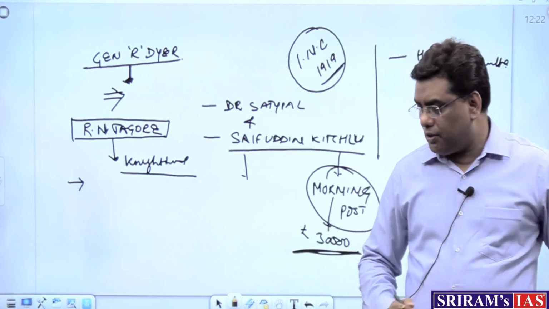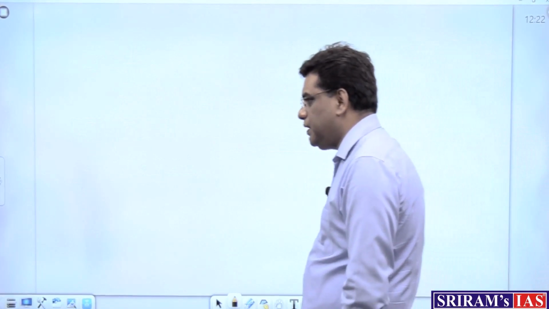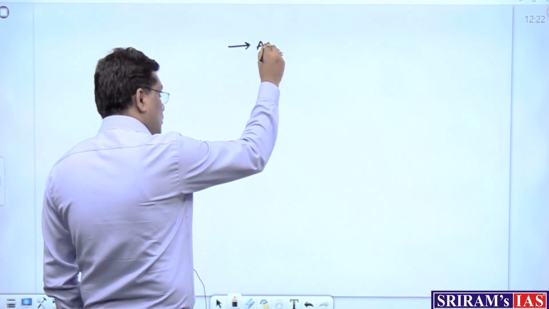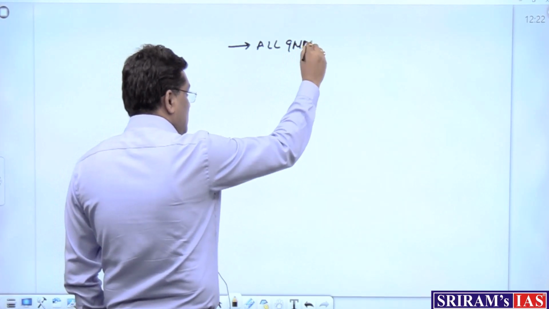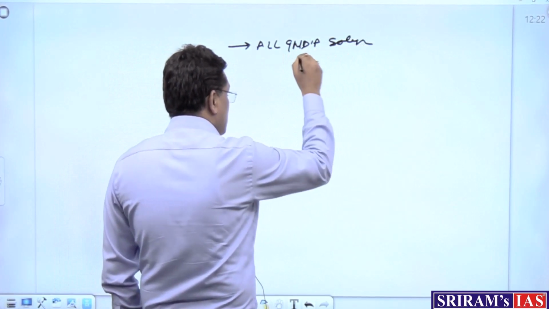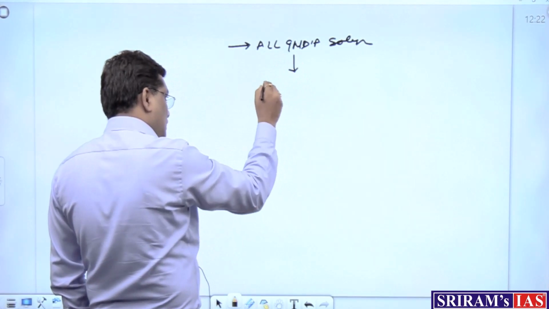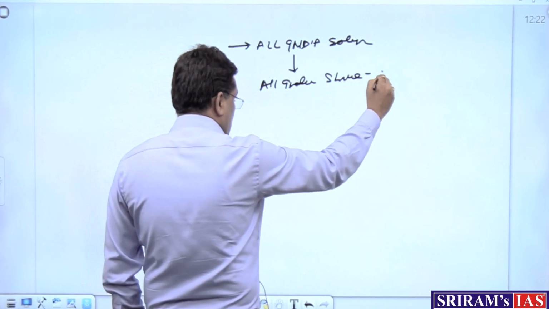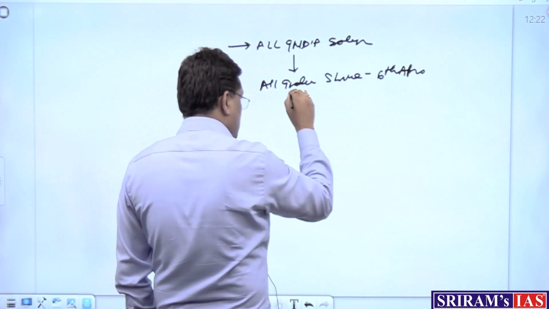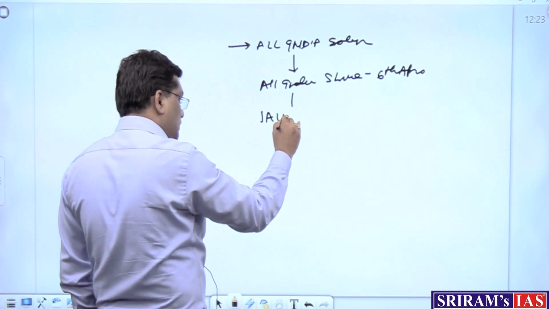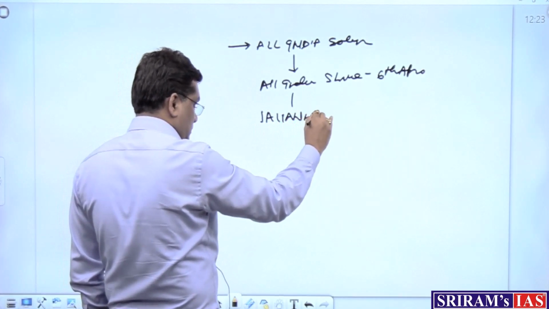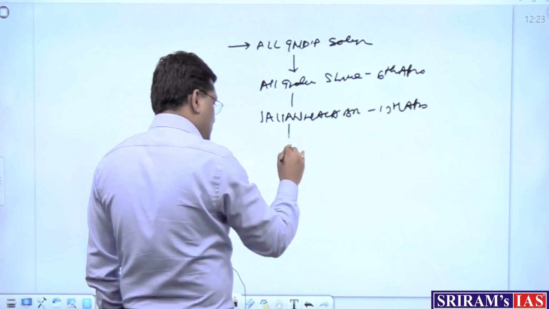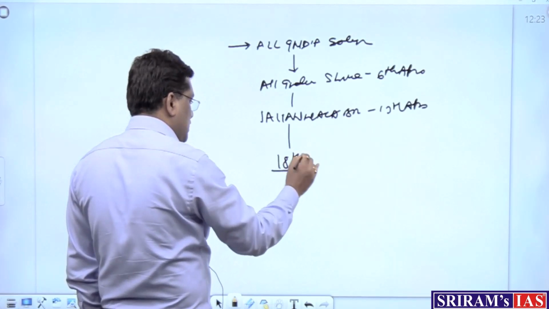So the chronology of events must be categorically defined: the All India Satyagraha was proposed, then the All India strike on 6th April, the Jallianwala Bagh incident one week later on 13th April, and then on 18th April Gandhi decided to take back the Rowlatt Satyagraha.